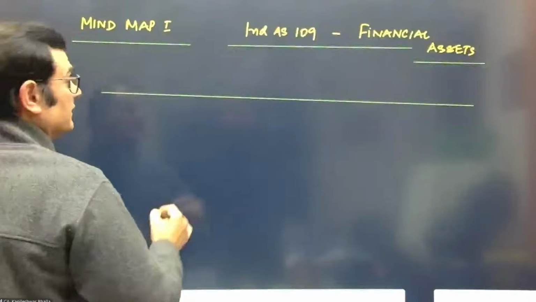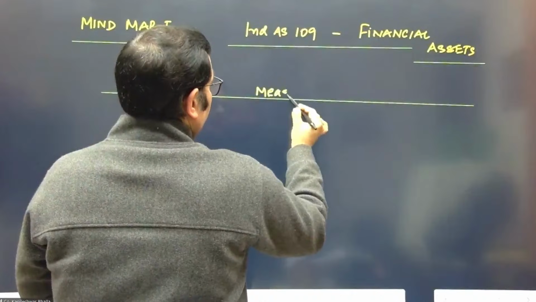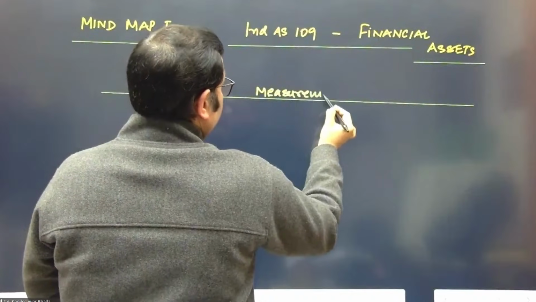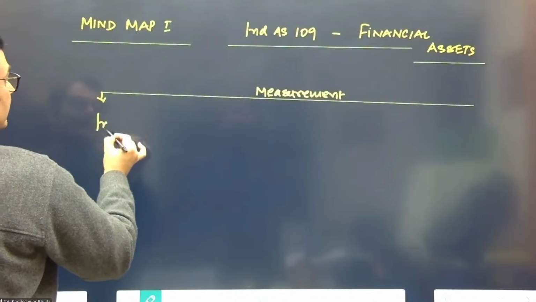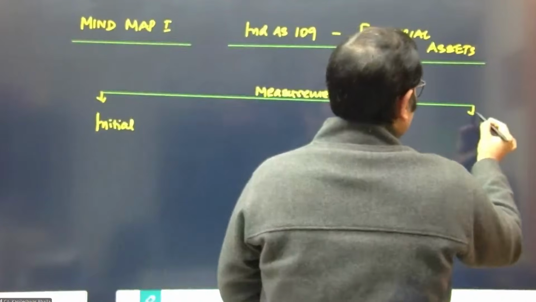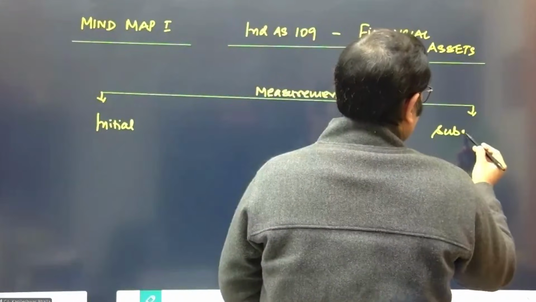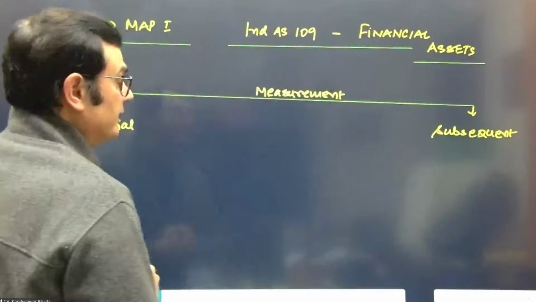Then when we look at the measurement of financial assets, we can segregate the information in terms of two inputs. One is the initial measurement and one is the subsequent measurement. Subsequent means at each balance sheet date.